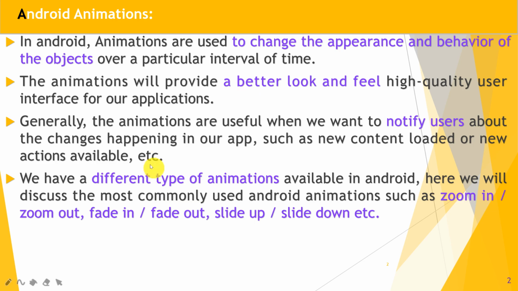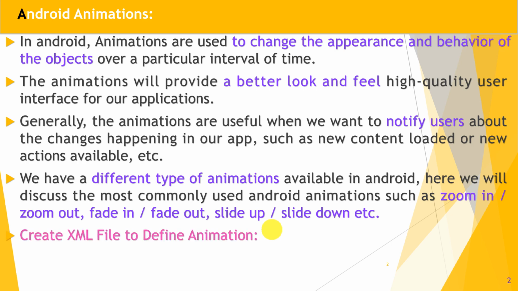We use animation when we want to notify users about the changes happening in our app, such as new content loaded or new actions available, etc. We have different types of animations such as zoom in, zoom out effect, fade in, fade out effect, slide up, slide down effect, etc.